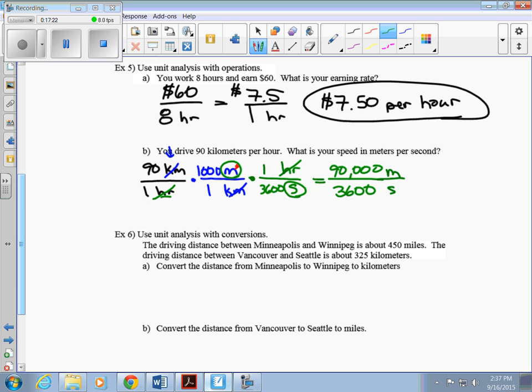However, what we need to do now is simplify this. So we're going to take 90,000 divided by 3,600. And we're going to end up with about 25 meters per second. And there's your answer.